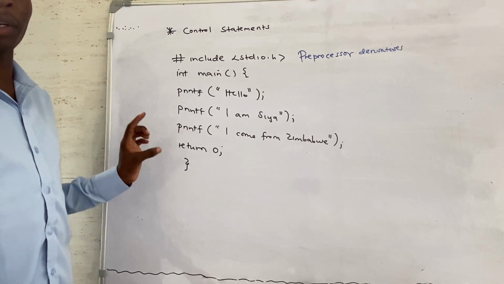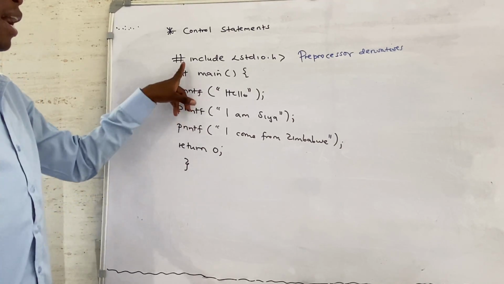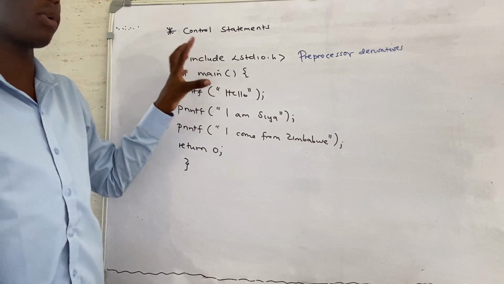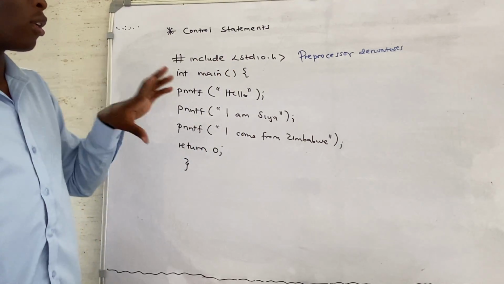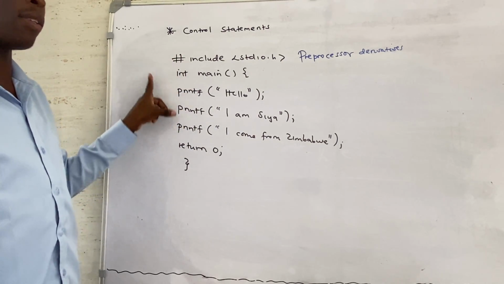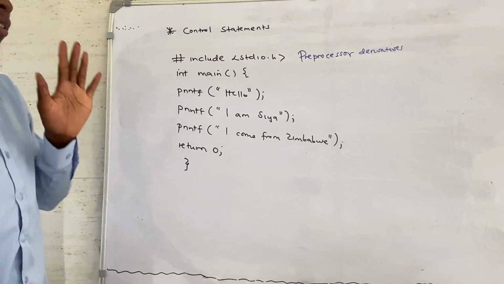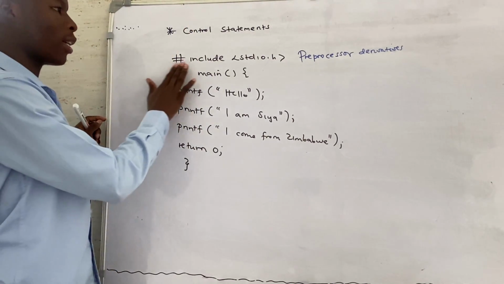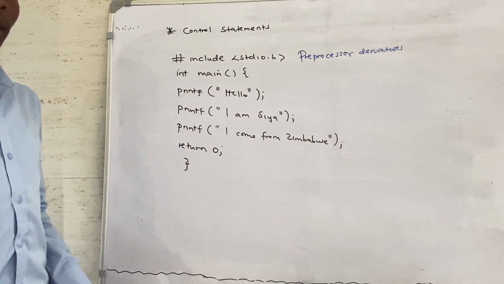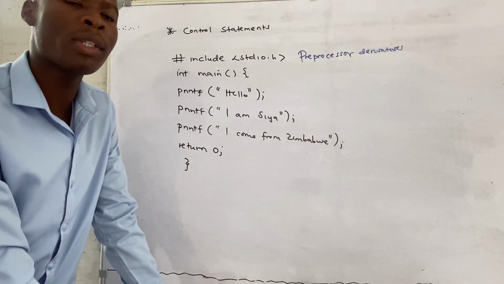Many functions we are going to use, and the definitions of these functions are in these preprocessor directives. That's why it is very important to write the preprocessor directive. So whenever the program is being compiled, the compiler will check for this preprocessor directive first. After checking it, it will check for the main function. Whenever you are writing a C program, you are supposed to include the main function.